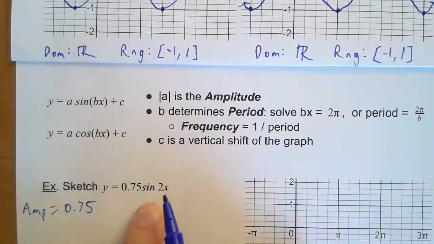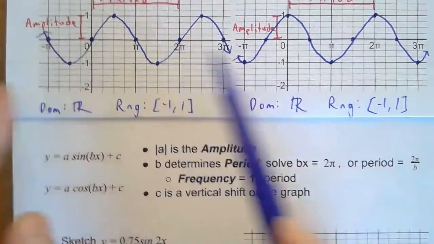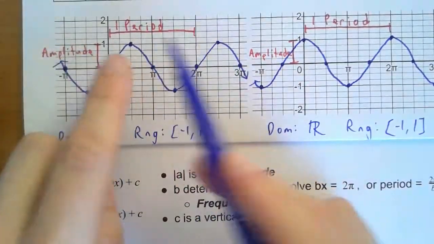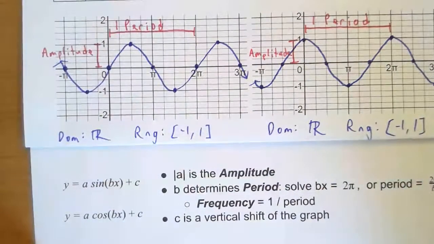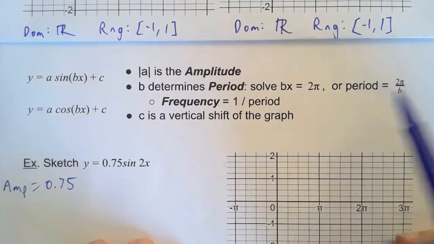Okay. Now the 2 is next to the x, so the 2 is going to somehow affect what's going on with the x values of the graph. Okay. So that's going to affect the period. It's going to affect what x value it takes to get one full cycle of the graph. All right. Now, if you like to memorize formulas, there's a formula for you.